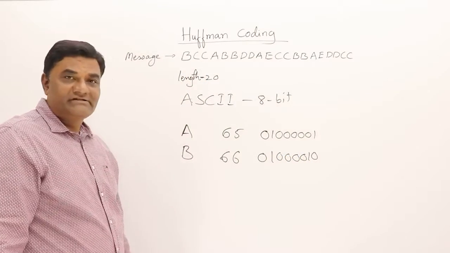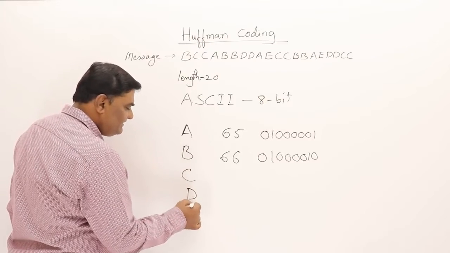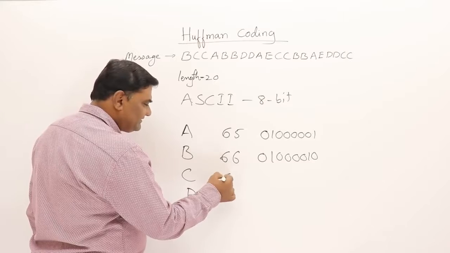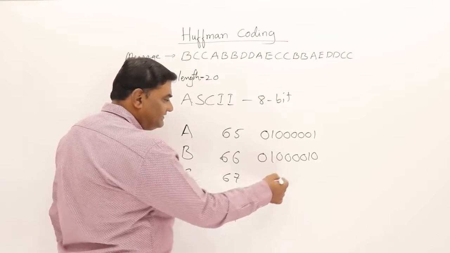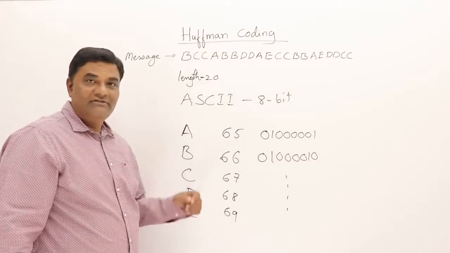This will be for 66. Likewise, C, D, E have 67, 68 and 69, and here the binary code will be there. So 8 bits are there for each alphabet.